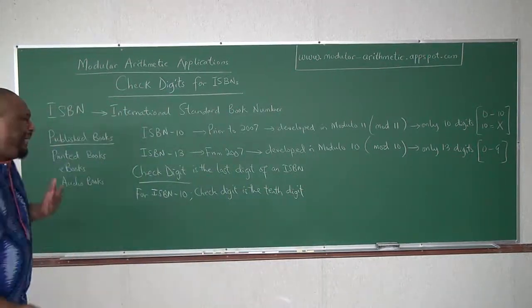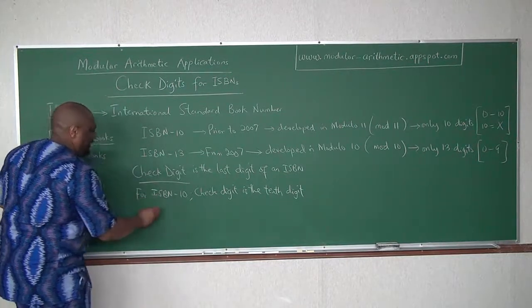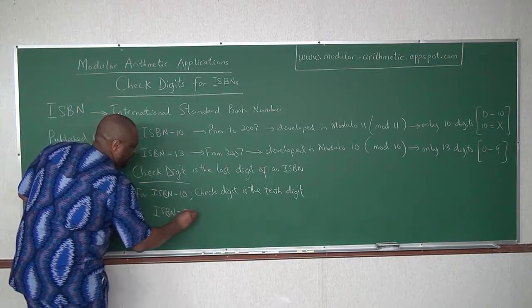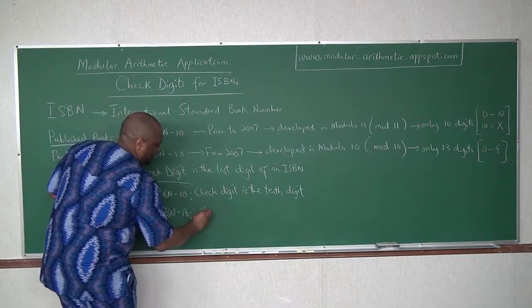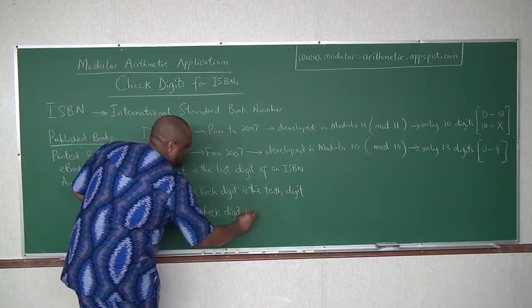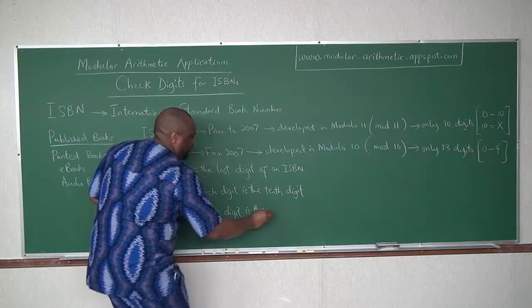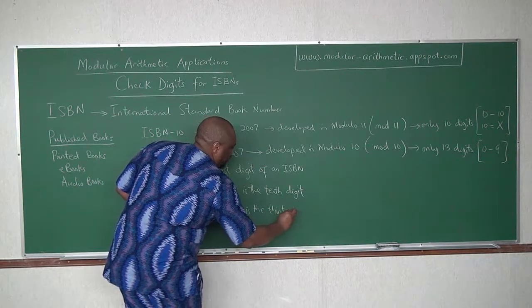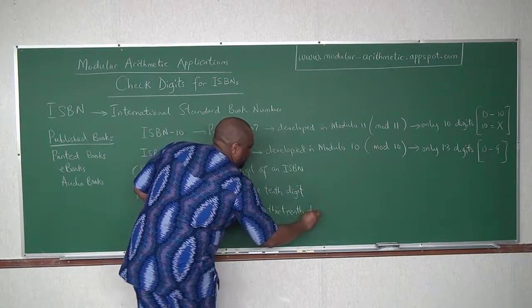And then for ISBN 13, the check digit is the 13th digit.